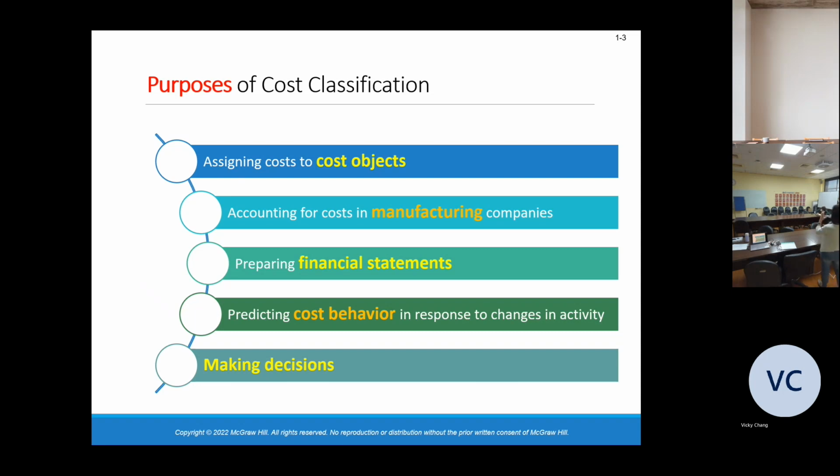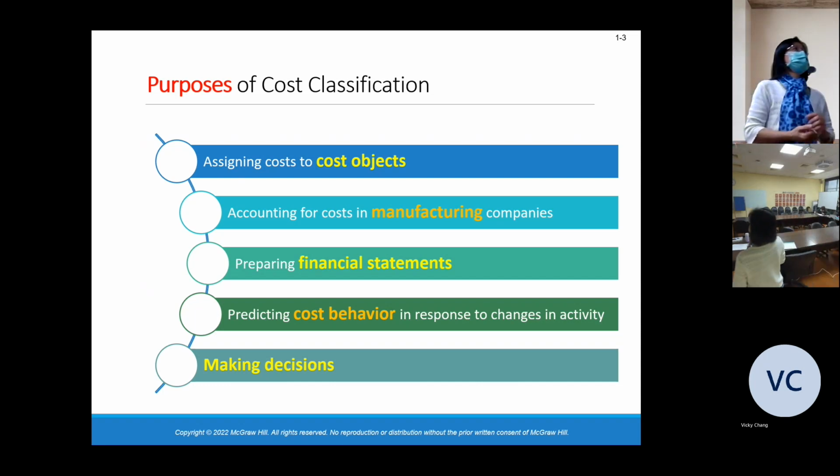So we have to assign all kinds of costs to that service or that product so that you will know the cost for that product or service. Then you know how much you can charge. So that is the first purpose, and I think that's very important.